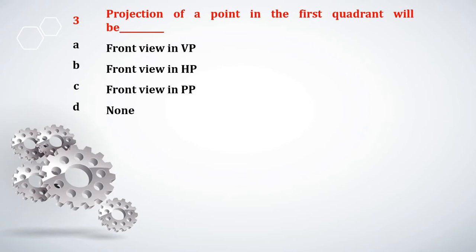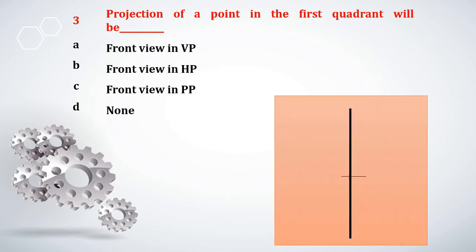So they have asked the position in the form of front view. Whenever we solve this type of question, you can look at now. We have drawn the VP, HP, then first quadrant, this is the observer, and now the point is lying in the first quadrant.